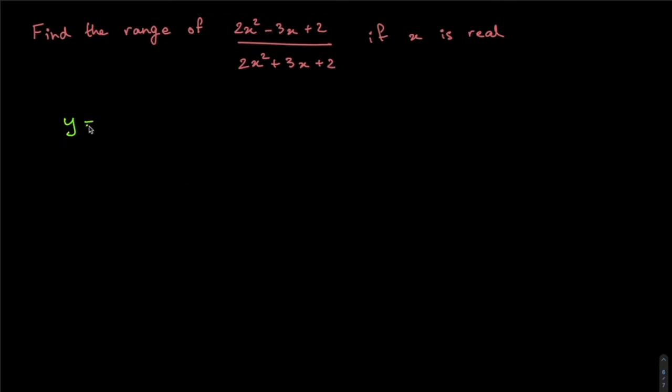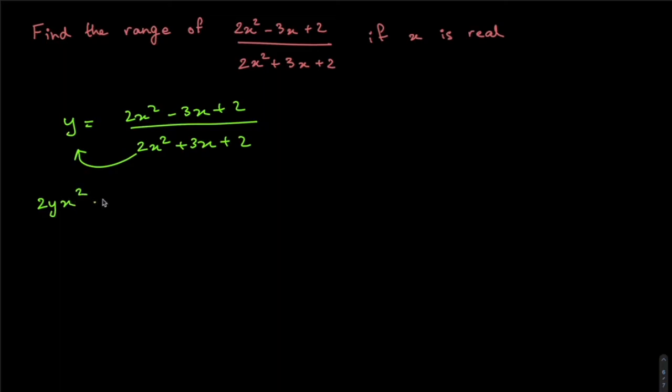So let's assume this to be y. Let's use y is equal to 2x squared minus 3x plus 2 all upon 2x squared plus 3x plus 2. Now I am going to take this on the left-hand side. So what I'm going to get is 2yx squared plus 3yx plus 2y is equal to 2x squared minus 3x plus 2.